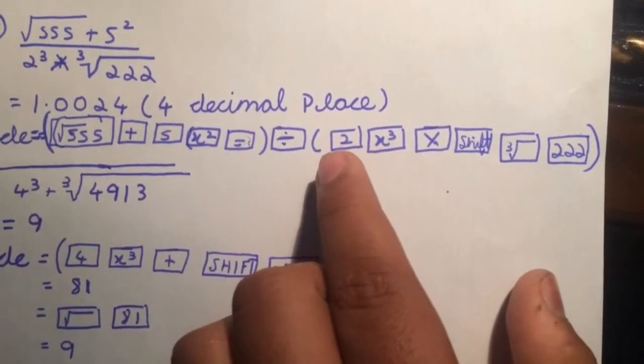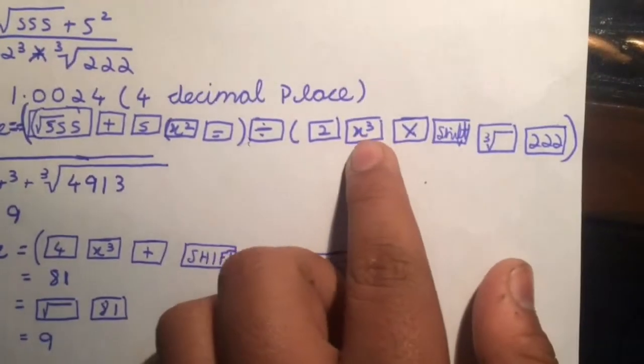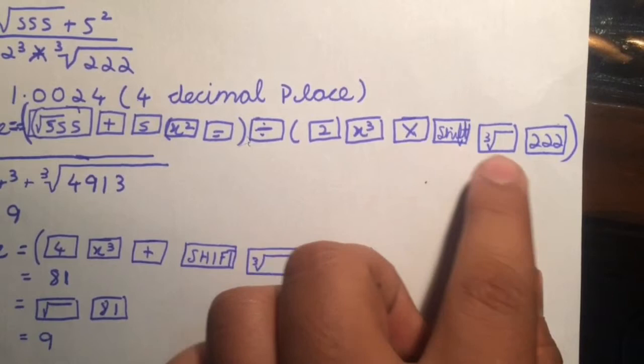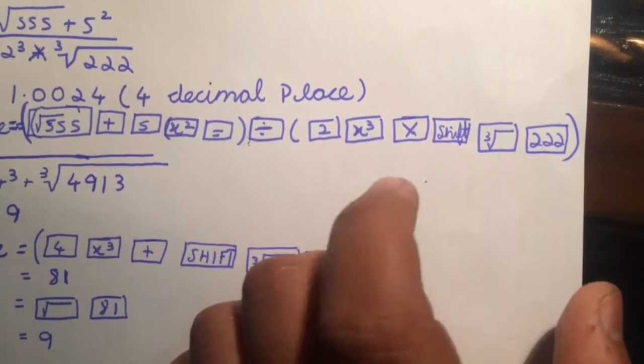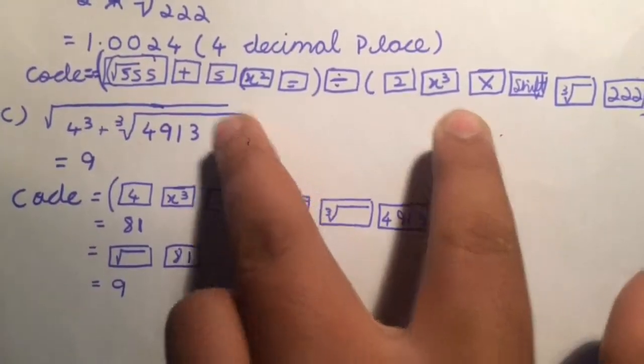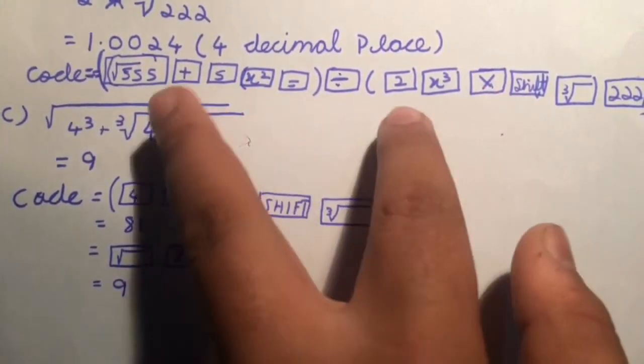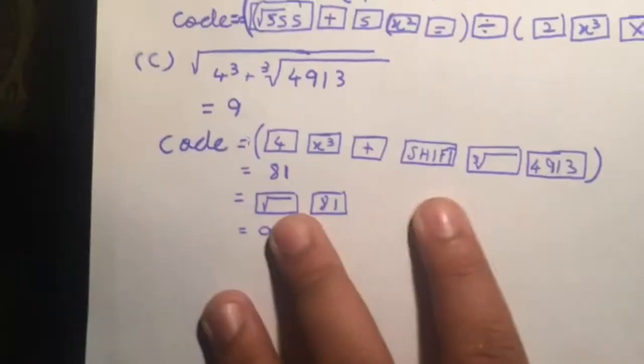Then on the other side press 2 button, x cube button, multiply button, shift button, cube root button and the 2 button, and write down another answer. And then divide these 2 answers.